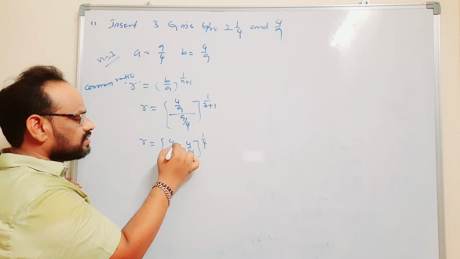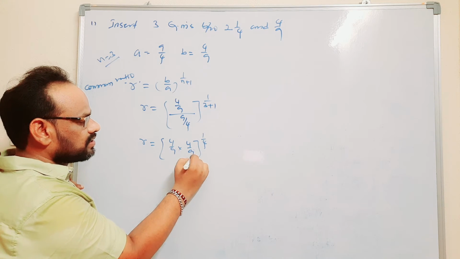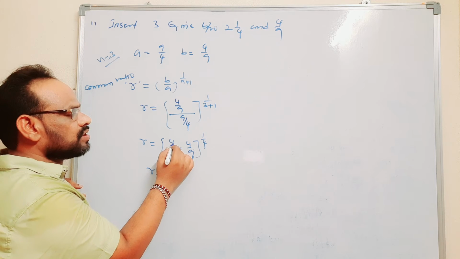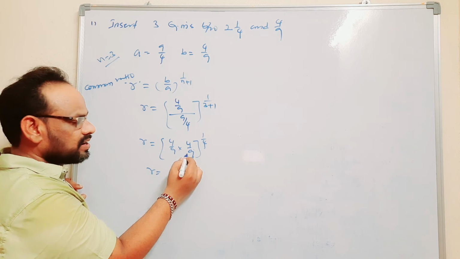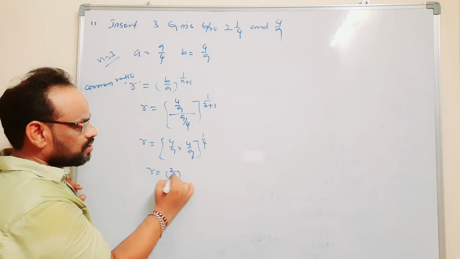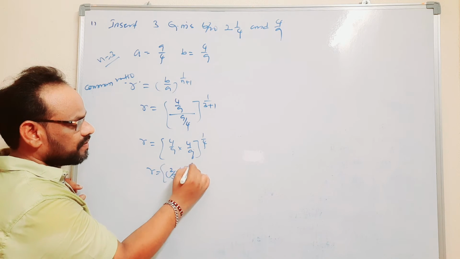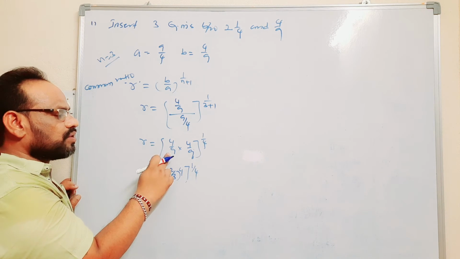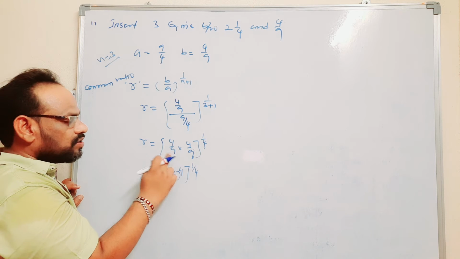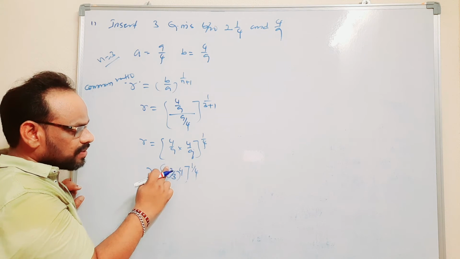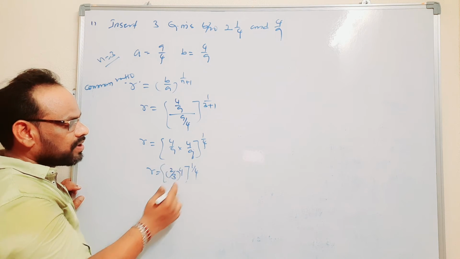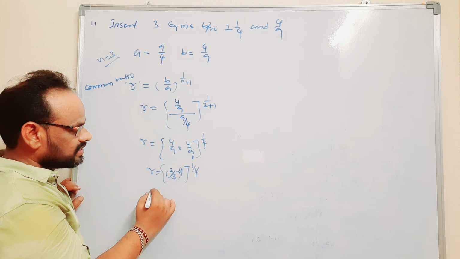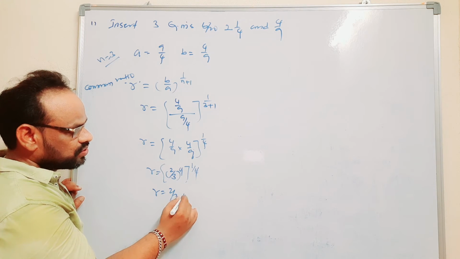Here 4 by 9 becomes (2 by 3) whole square, so (2 by 3) whole square into (2 by 3) whole square is (2 by 3) whole power 4, whole to the power 1 by 4. The 4s get cancelled. Common ratio R is equal to 2 by 3.